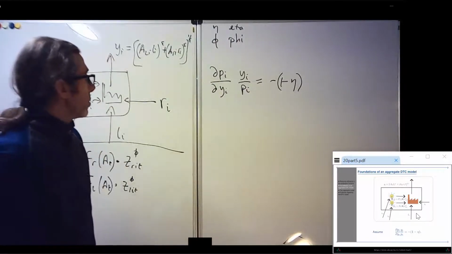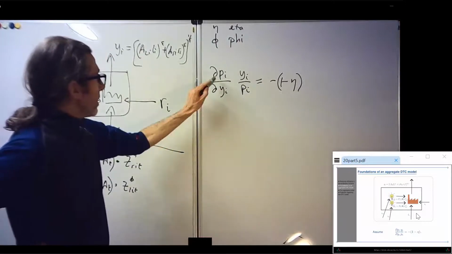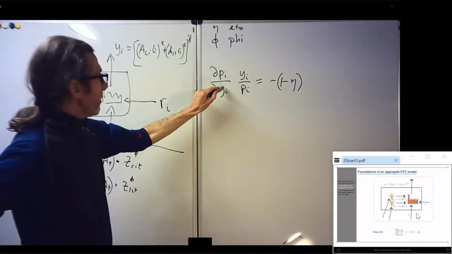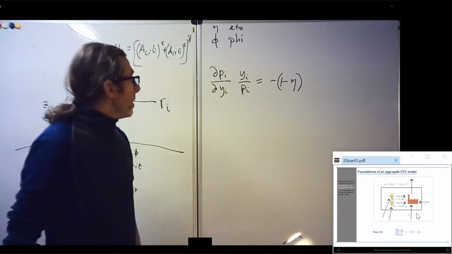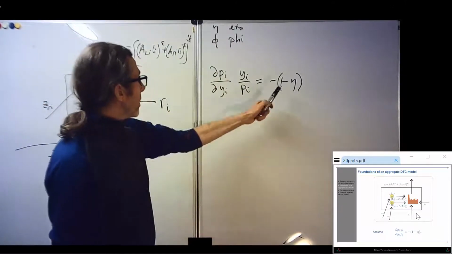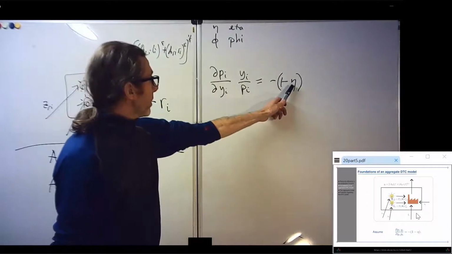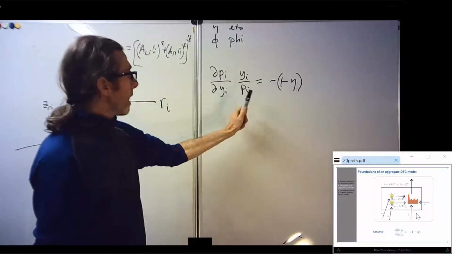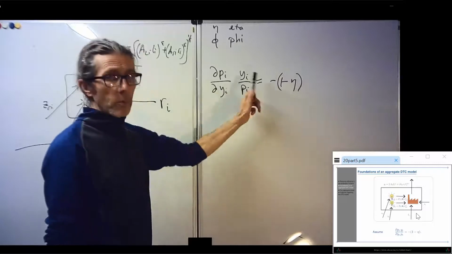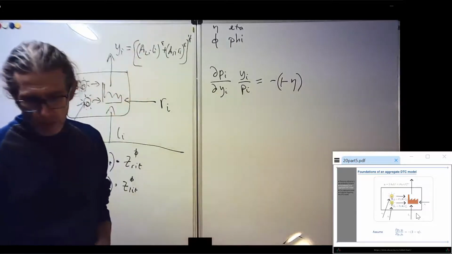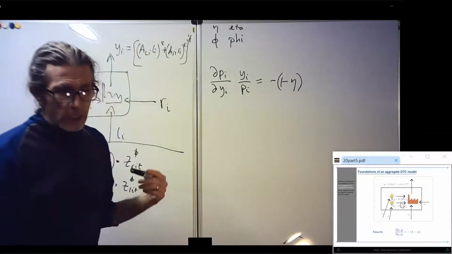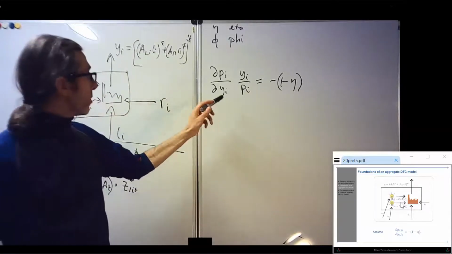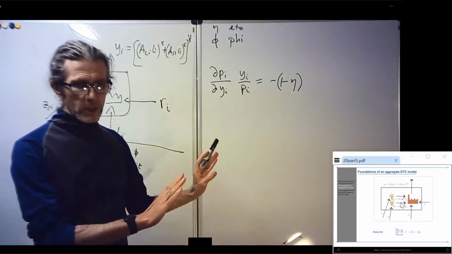So clearly dpi by dyi is negative, because when yi goes up, pi goes down. And if eta is 1, then this is 0, there's no market power. The bigger eta is, the more market power there is. We could have derived this from first principles, but we're skipping that.